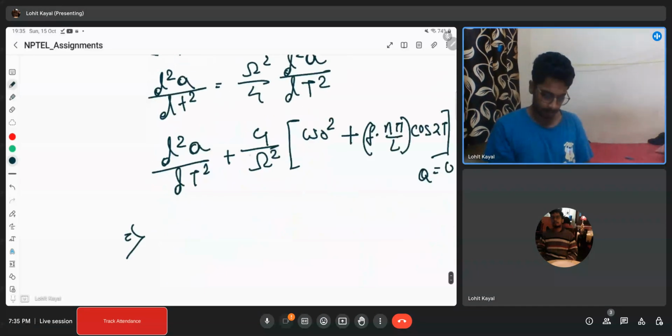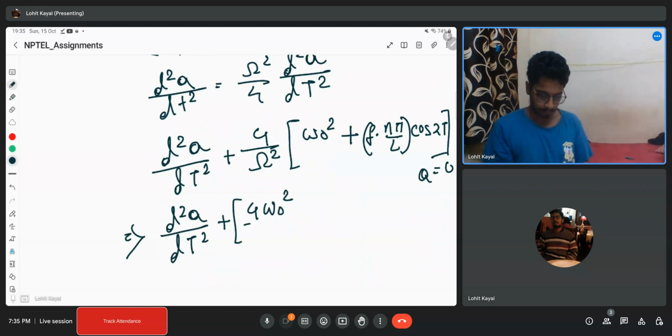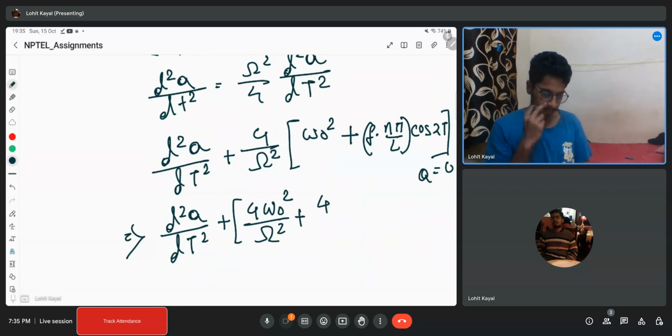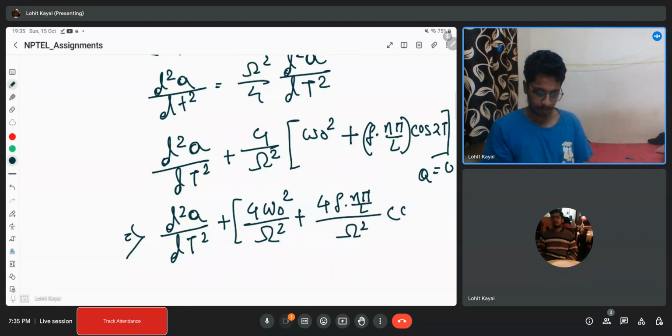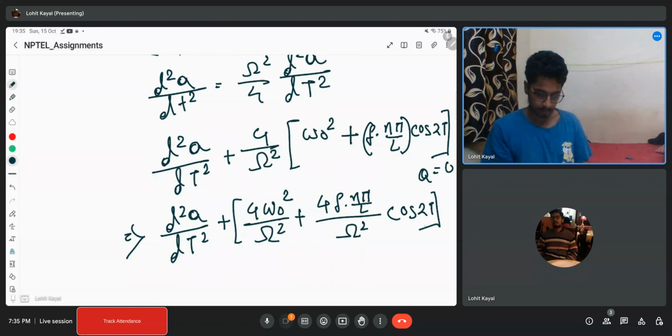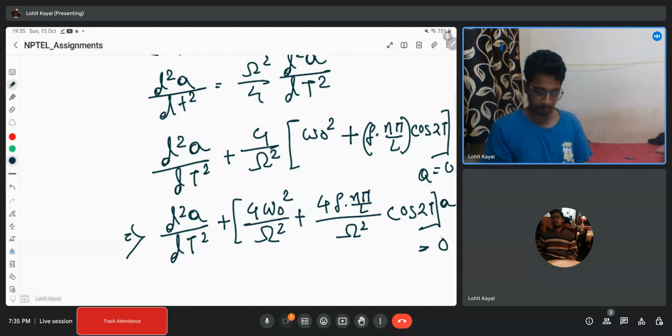So I will take 4 by omega square inside and get d square A dT square plus (4 omega 0 square by omega square plus 4 F n pi by L divided by omega square cos 2T) into A is equal to 0.